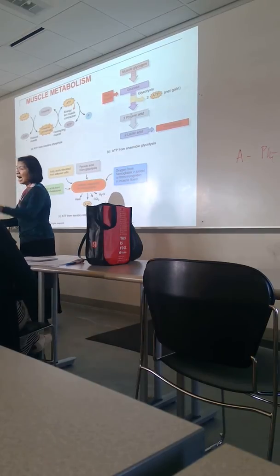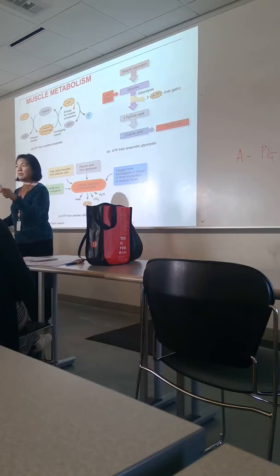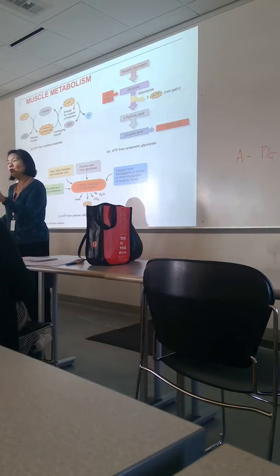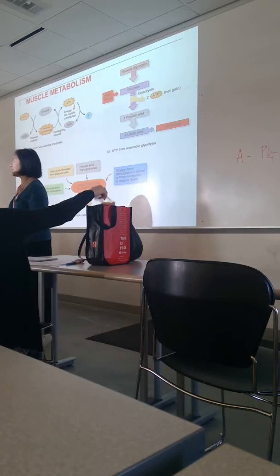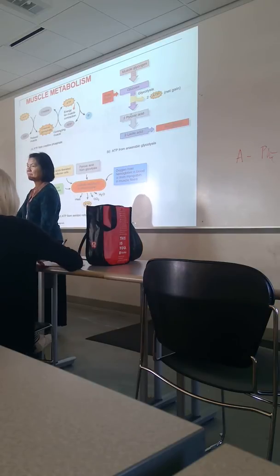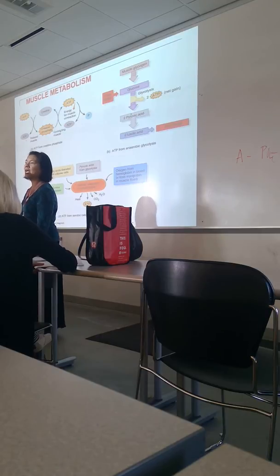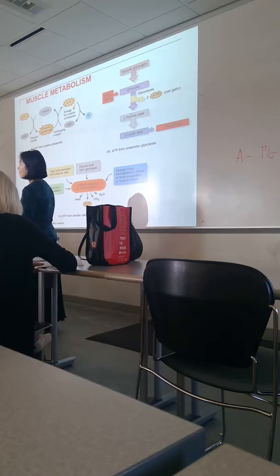So all our cells, no, write down, only muscle cells have creatine phosphate. There is no other cell. Red blood cells don't have it, nerve cells don't have it. Only muscle cells have creatine phosphate. What is ATP again?